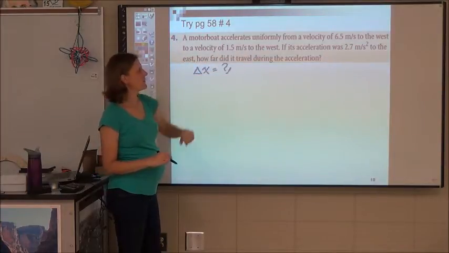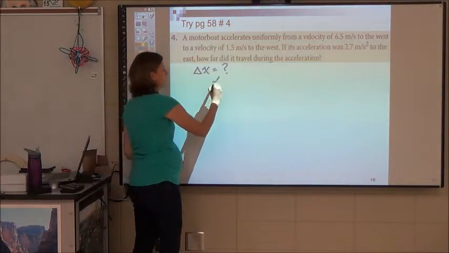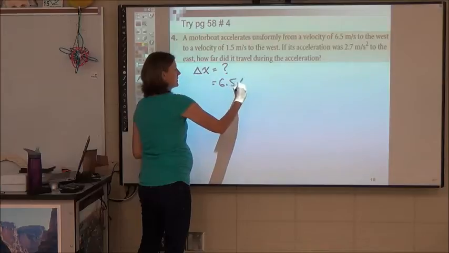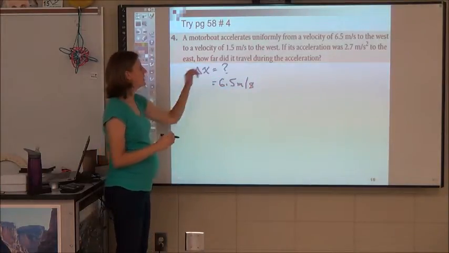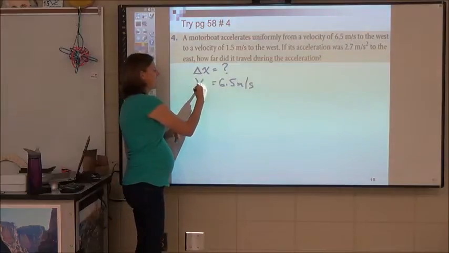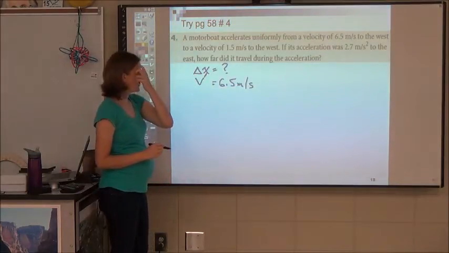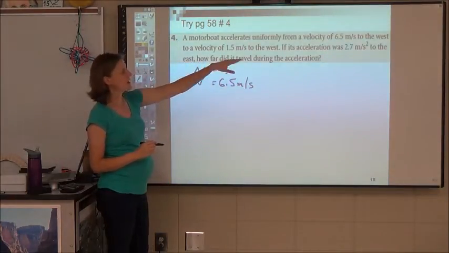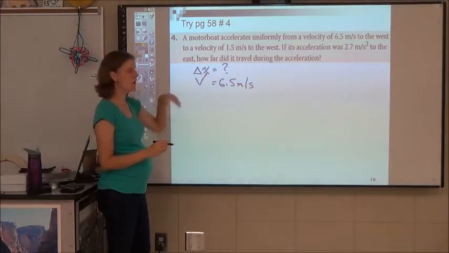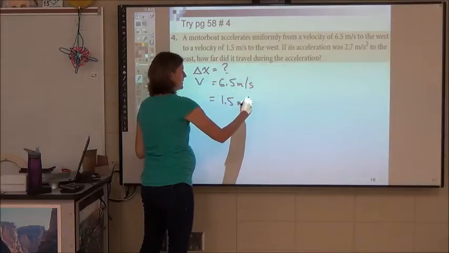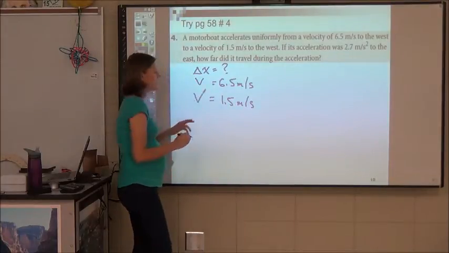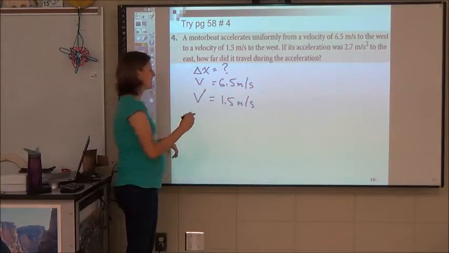All right, I see 6.5 meters per second west. That's a velocity. Now, is that initial or is that final? I do need to be careful when I note that. It says from 6.5 to 1.5. So they're both velocities, but if it's starting with a 6.5, that's the initial.